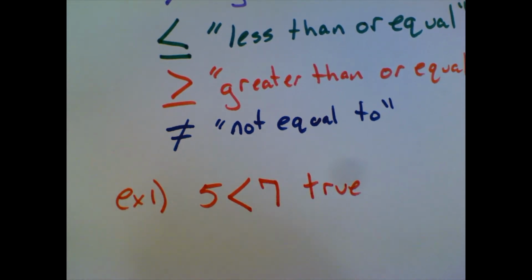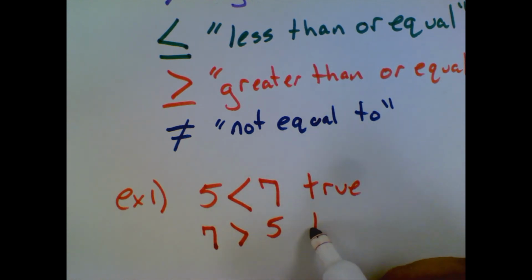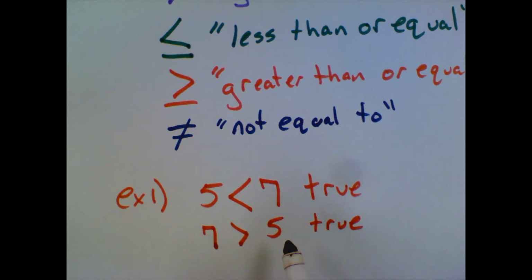Now, just so you understand, if I wrote it like this, tell me if this is true or false. Is 7 greater than 5? And the answer is true. Okay, but notice the way we read this, we changed from less than to greater than.